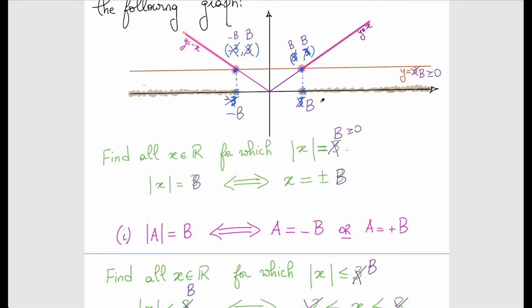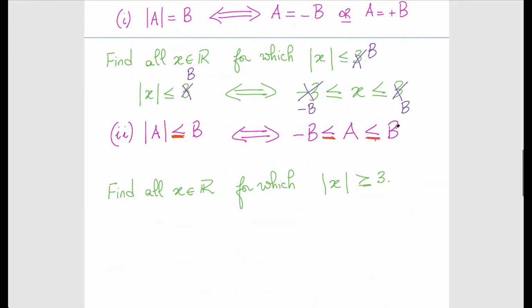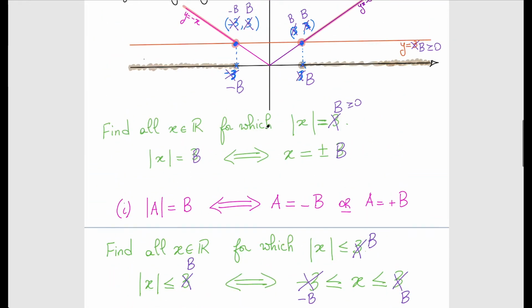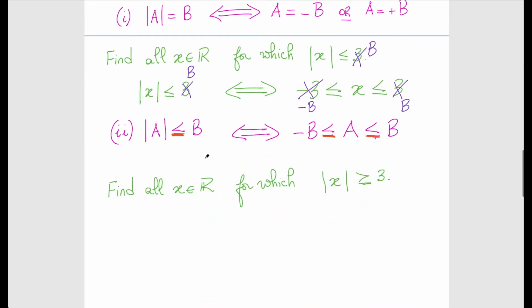Make sense? So if x lives in this brown portion, or in this brown portion, it's gonna produce an output via the v-shaped function bigger than or equal to 3. Correct? So it's gonna be a solution to this inequality. All right. So any brown number is gonna be a solution to this inequality, right?